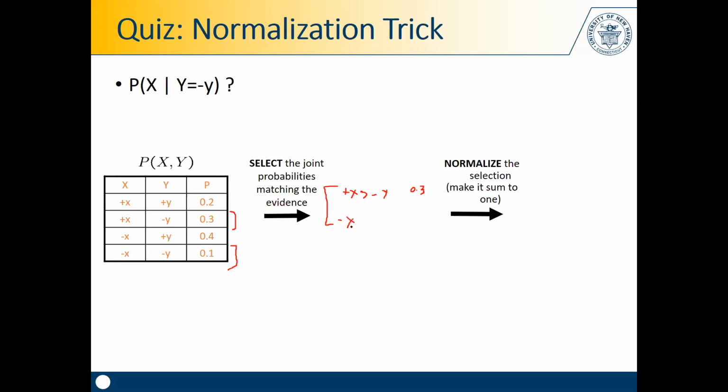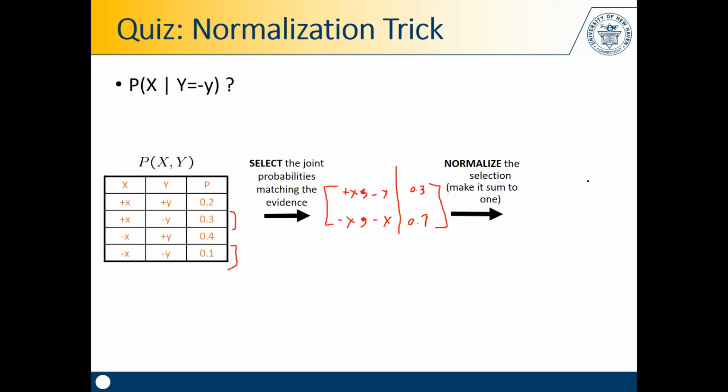Negative x, negative y, giving us 0.1, right? Now, all we need to do to get the final answer is to normalize these probability values, just to make it look more like a table. How do we normalize? We divide each by the sum of these probabilities. What's the sum? It's 0.3 plus 0.1, which is 0.4.